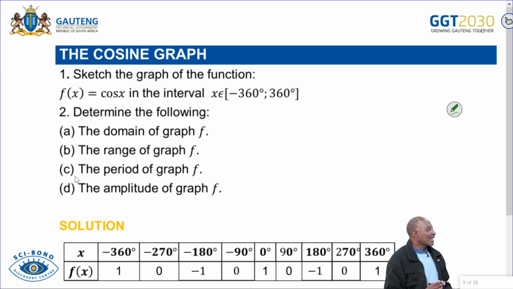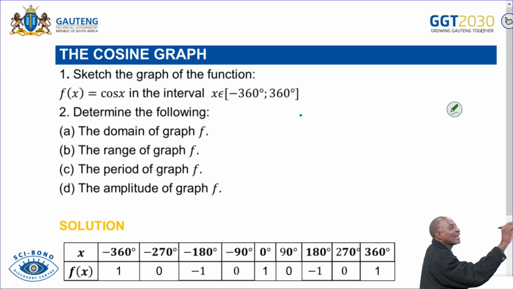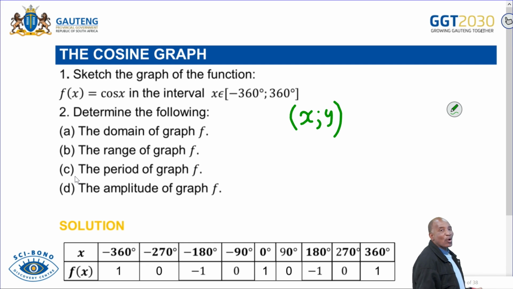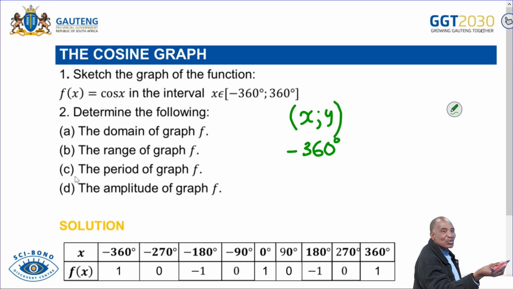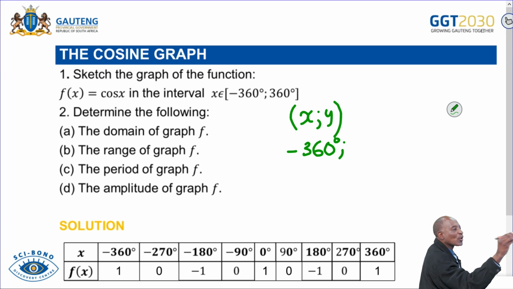Right, having done that, this table will look like this, the one that you see here. This time around, again, my points are in the form x, y, which we'll need to plot. Negative 360 degrees is your input value. These are the ones that we are substituting into the function to obtain your output value.